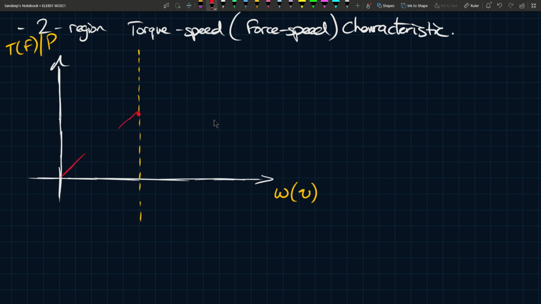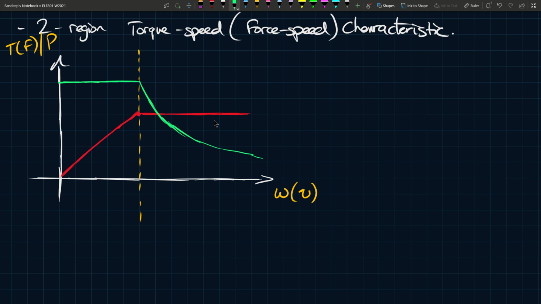You're going to increase the power, and then it's going to go constant after here. And at the same time, you're going to have your force, or your torque, constant there, and then you're going to decrease that inversely to the speed of the vehicle.